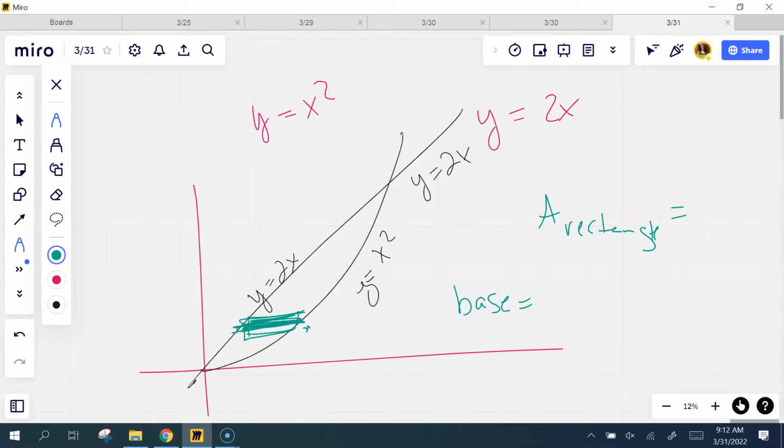This one's with respect to y instead of x. So I'm going to solve this equation for x and say that x equals 1/2 y. And I'm going to solve this equation for x and say that the square root of y equals x. So the base of that rectangle is going to be the square root of y minus 1/2 y. Agree or disagree? It's right minus left. That's the base. And the height is 3 times the base, so the height is going to be 3 times the square root of y minus 1/2 y.